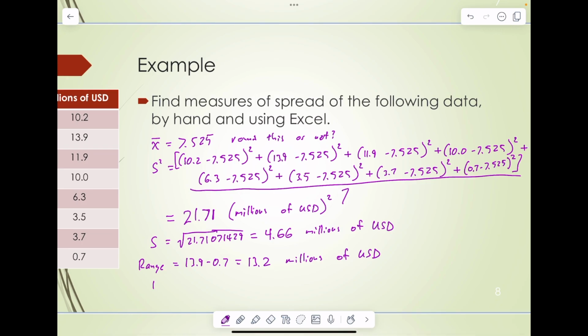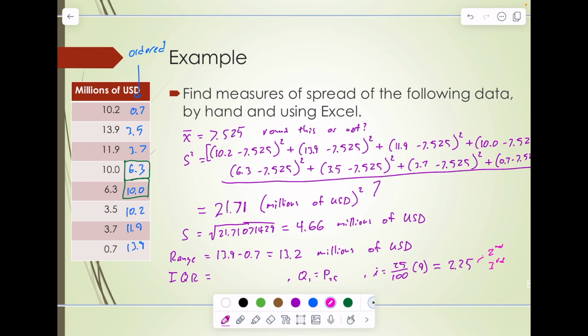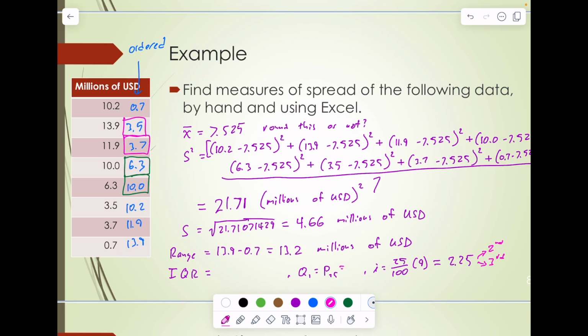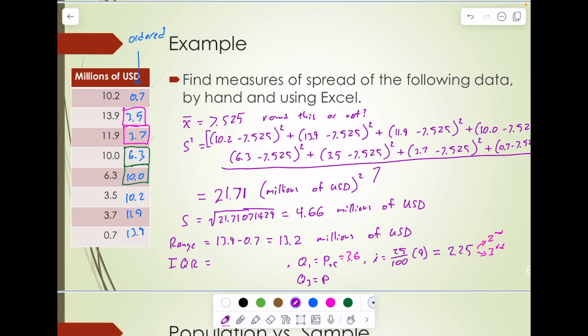Okay, so let's do that. So I wanted the second and third value, so that'll be 3.6 for Q3, which is the same thing as P75.